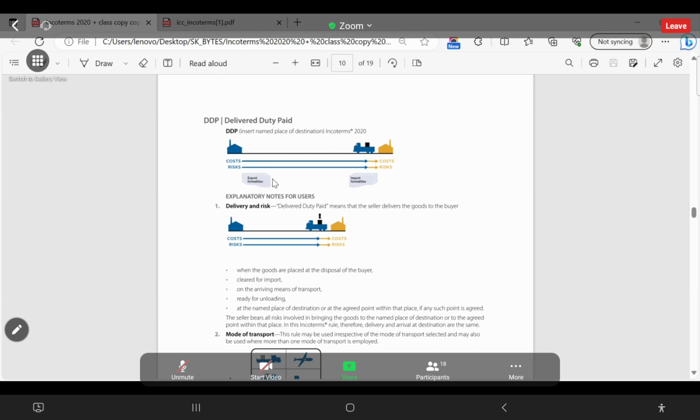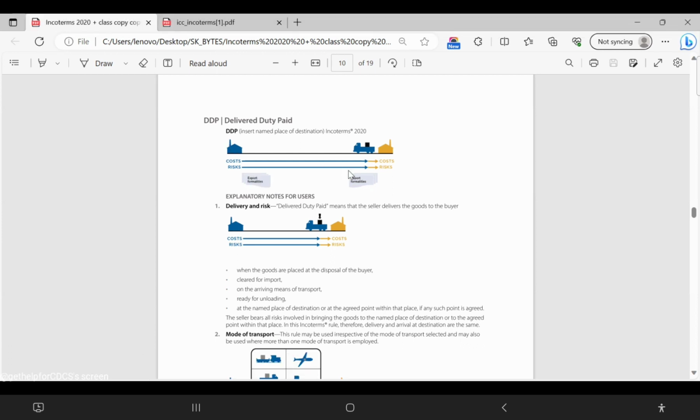Of course, until now, export formalities were on account of the exporter, but here export formalities and import formalities are both on account of the exporter. That is why it says delivery duty paid. Duty related documents will be there, so that is also the obligation of the seller or exporter.